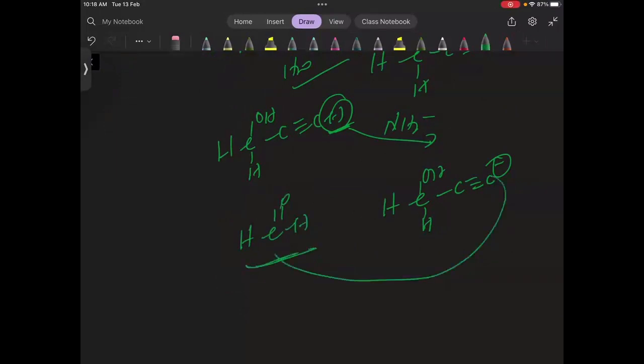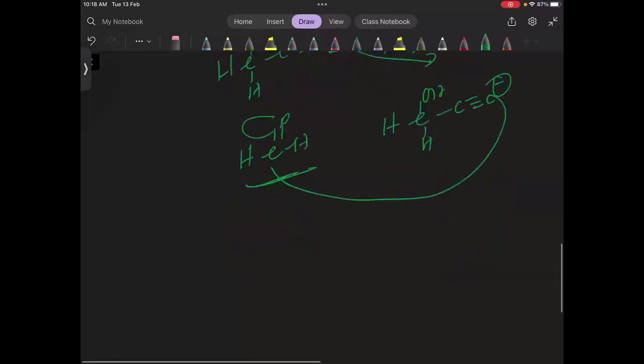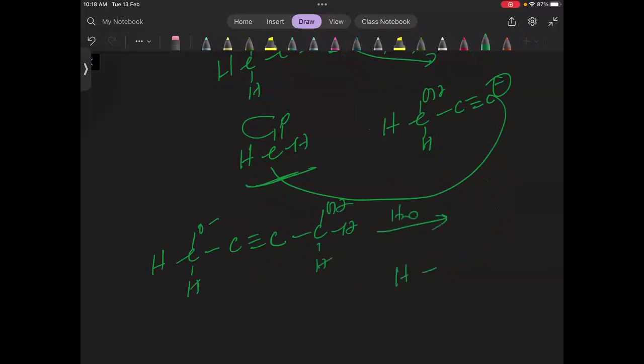It will attack here and generate HCO negative, H C triple bond C, COH, H and H, which on hydrolysis gives HCOH, HC triple bond C, COH, H and H. So this is the result of addition of alkynes to the carbonyl compound.